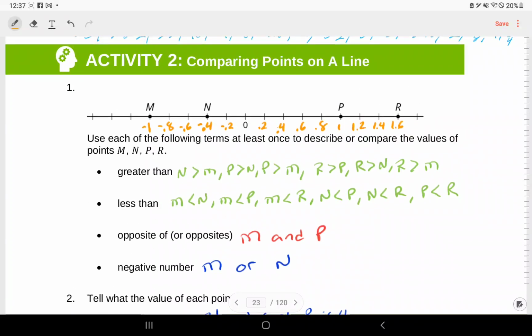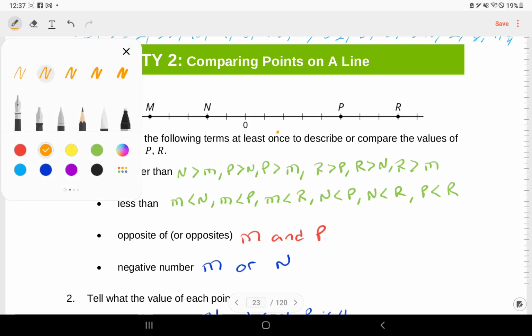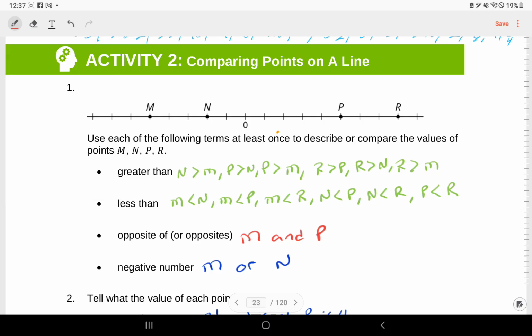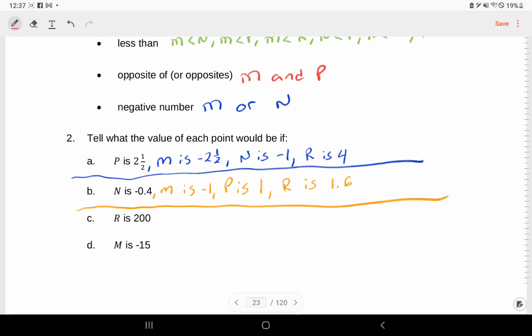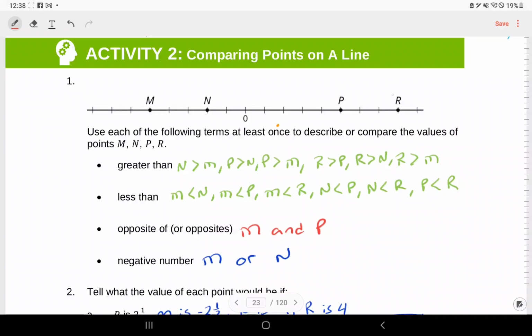And again, we redo our counting system. So let's go with red this time. So if R is 200, well, that's 1, 2, 3, 4, 5, 6, 7, 8.